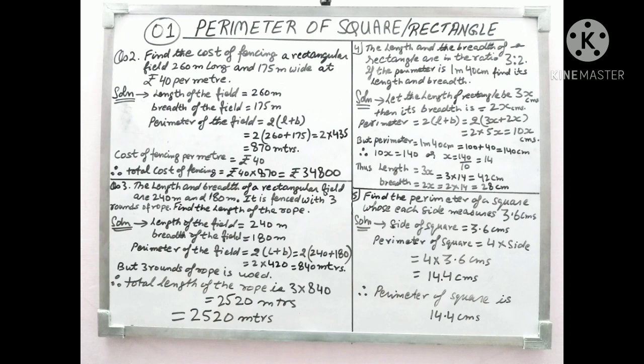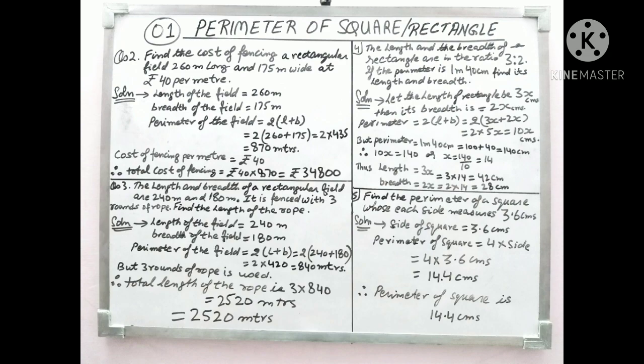Now let us see the next very simple one. Question number 5. We have to find the perimeter of a square whose each side is given as 3.6 centimeters, right?